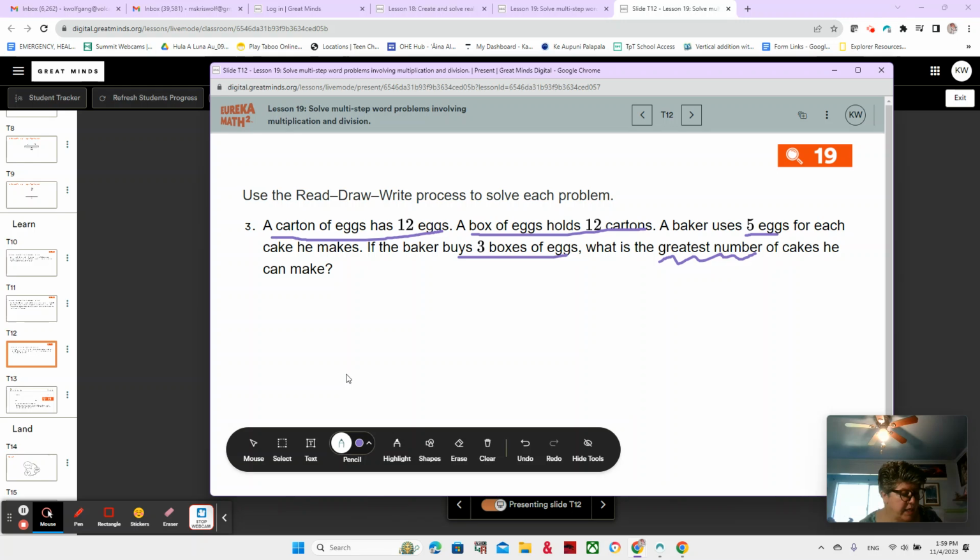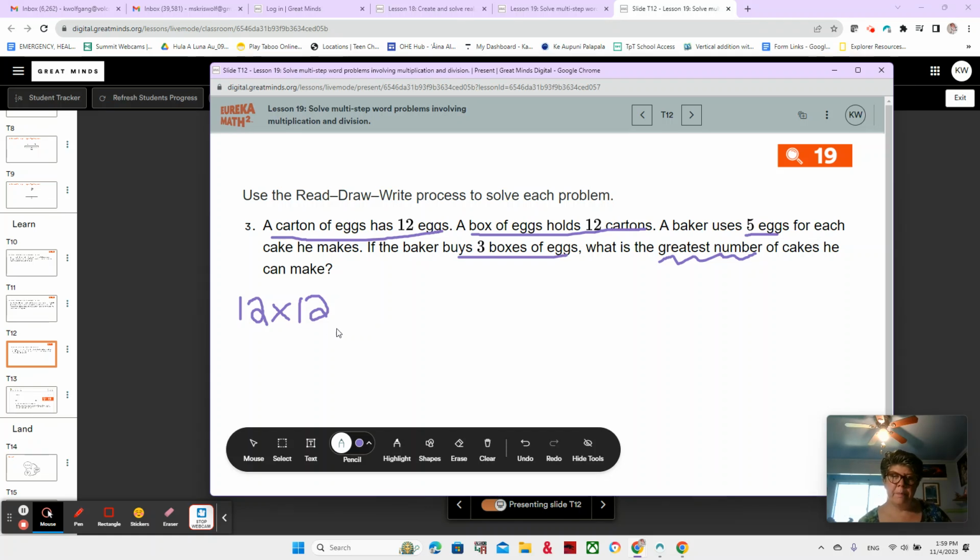Okay, so we have eggs in one box, right? How many eggs are in one box? So we have 12 in a carton and 12 cartons in a box. So 12 times 12.